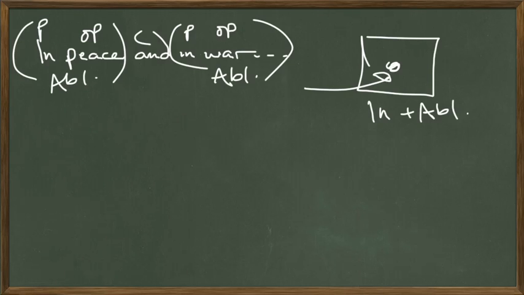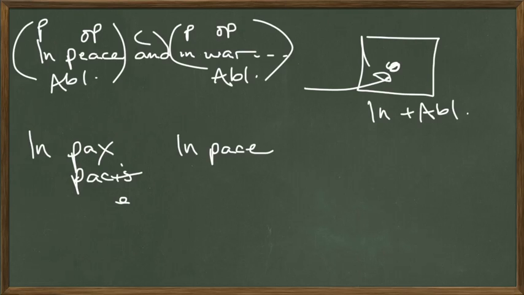This is a fragment. This is not a sentence, so we're just going to straight up translate this one. In is, of course, in. Pax is peace, and the genitive is pacis. So all we need to do is drop the genitive ending and replace it with the ablative ending, which would be e. So here we have in pace, in peace.